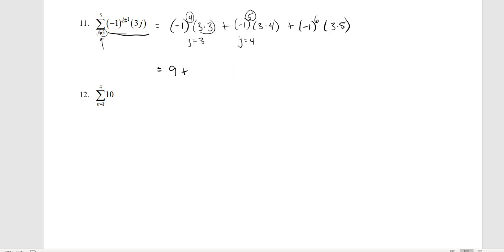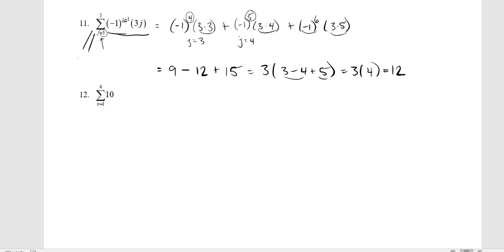Negative 1 to an odd power is negative, 12. Again, an even power makes a positive again, 15. Maybe factor out a 3. And what do we have? 3 minus 4 is negative 1, plus 5 is 4. We get 12. Not bad.